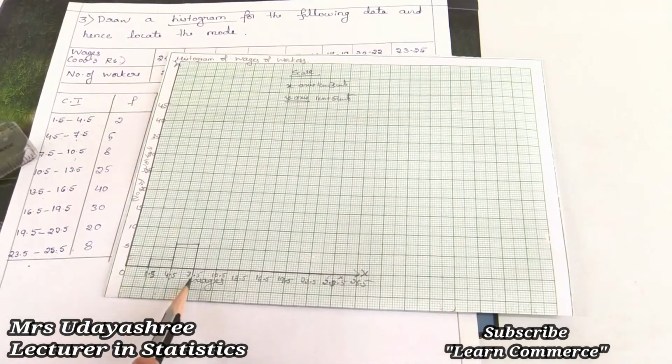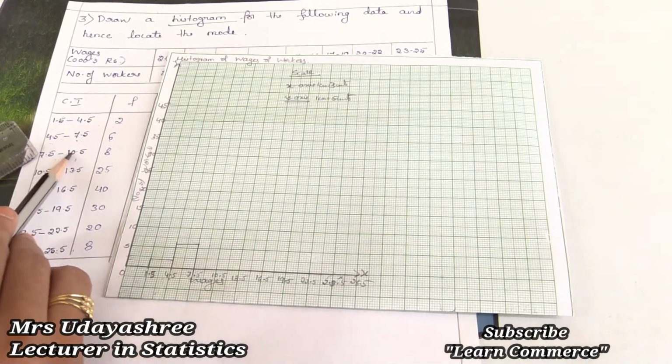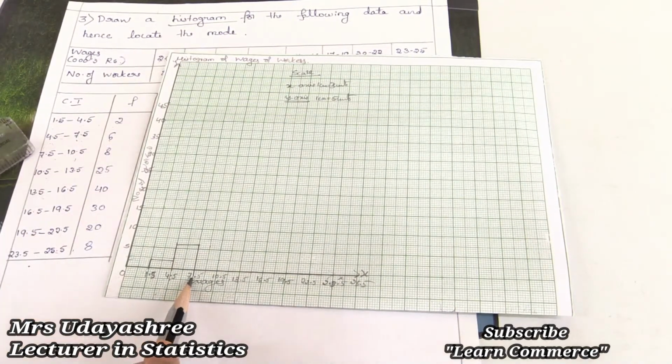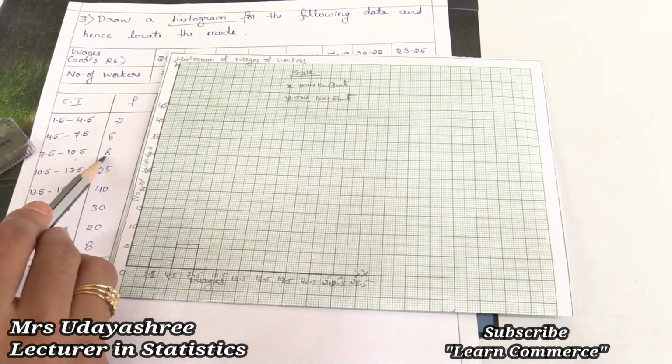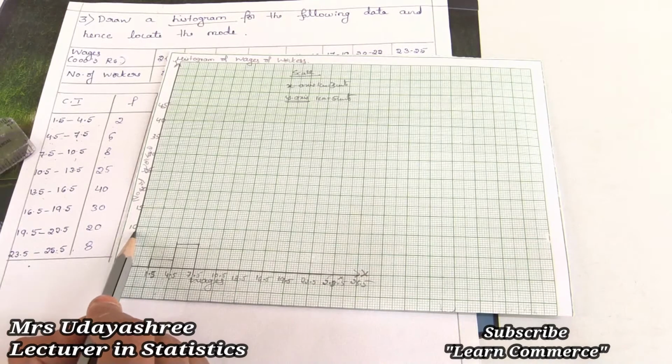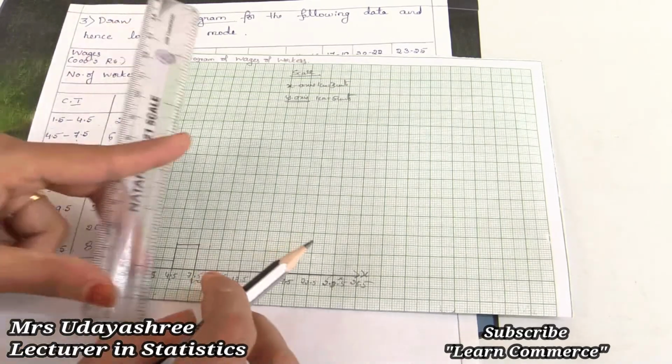Next, 7.5 to 10.5, the corresponding frequency is 8, so 8 comes here.